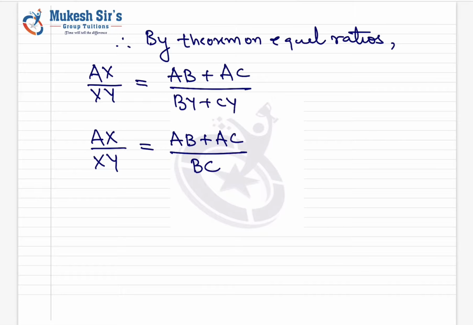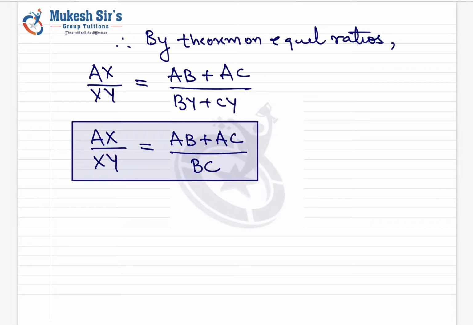Now this is a very important question. They can ask you in exams. So AX upon XY is equal to AB plus AC upon BC. Clear? Now we put the values for the answer.